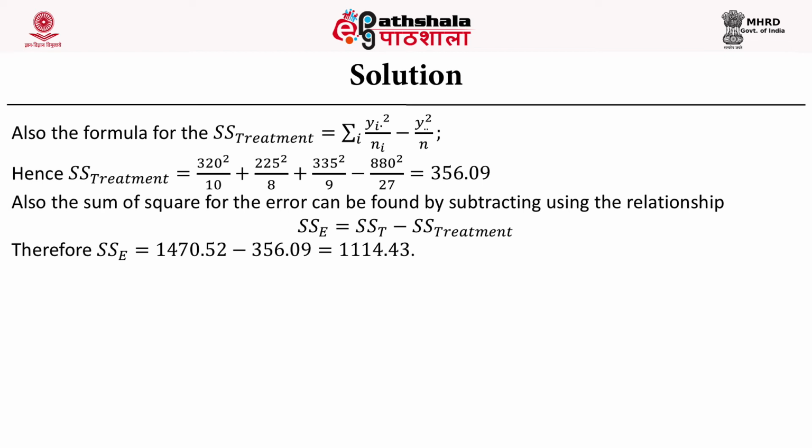Also the sum of squares for the error can be found using the relationship that the sum of squares of error is equal to the sum of squares of total minus the sum of squares of treatment. Therefore the sum of squares of error is equal to 1470.52 minus 356.09, which comes to 1114.43.